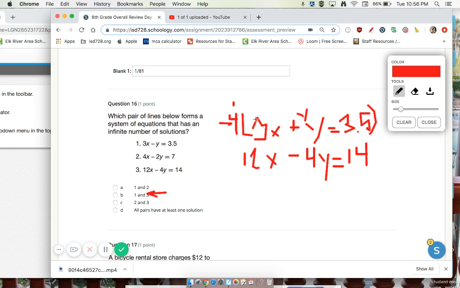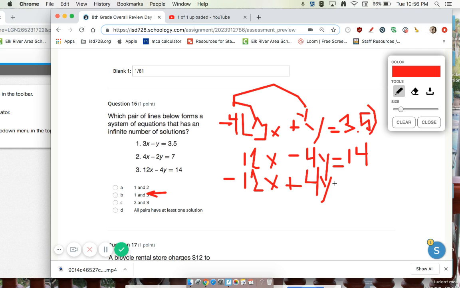So -4 times 3 would be a -12x. Notice that they will cancel out. That's exactly what I want. I turn this to plus, so I'm going to write plus here. -4 times a -1 is a positive 4y. So these cancel out. I'm on a good step here.